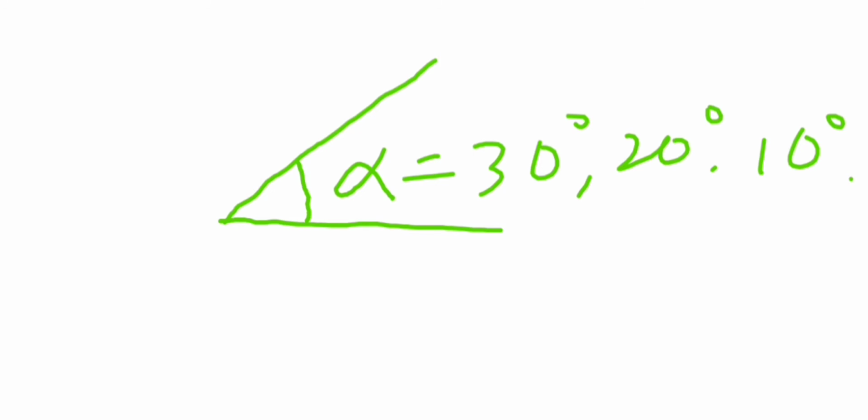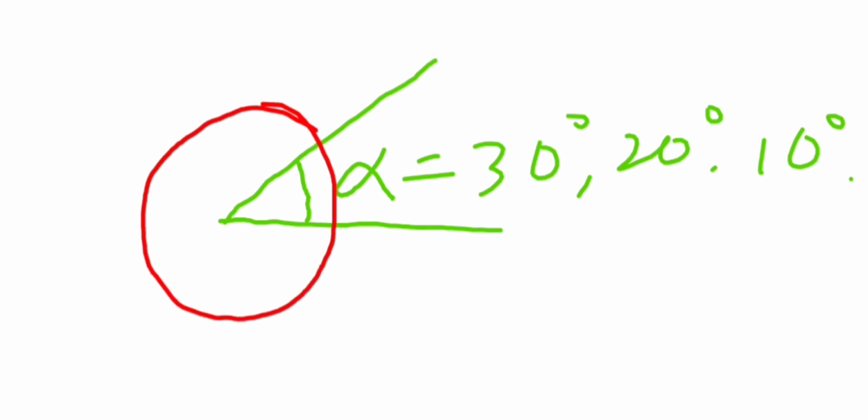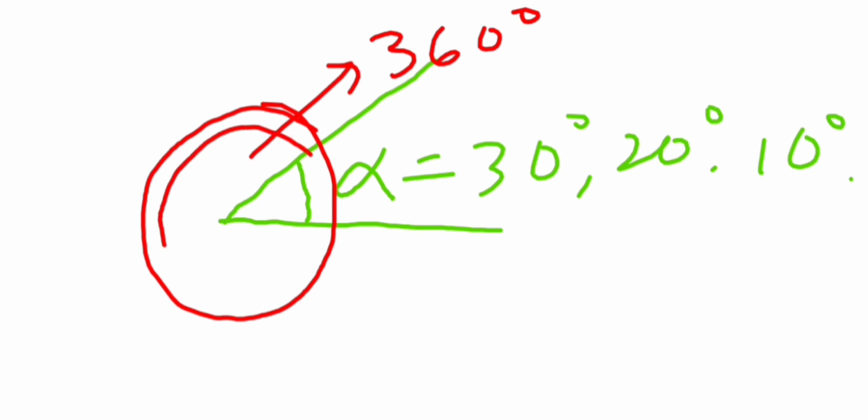The total round of angle will always be 360 degree. Here is the one round. This one round will be 360 degree.